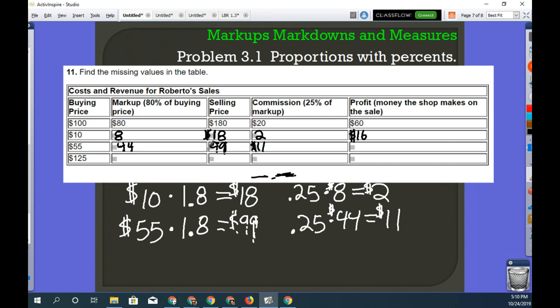Go ahead and put units on all of these, even though really units in the row title should suffice. Profit is going to be selling price minus the commission. So 99 minus 11, that'll be an $88 profit on this particular item. So your students are going to follow that same exact process for that last one. I'm going to leave that one up to them.